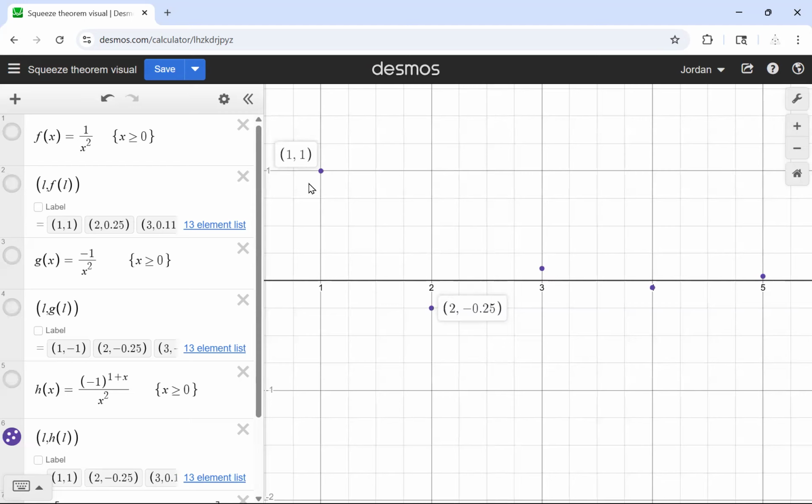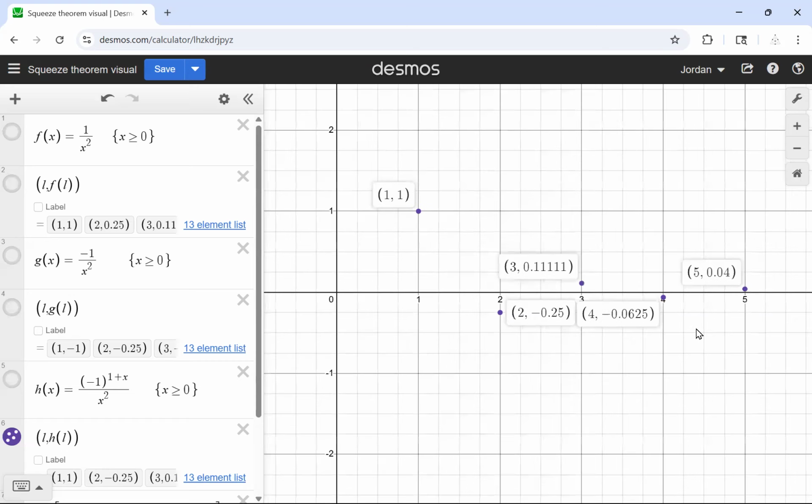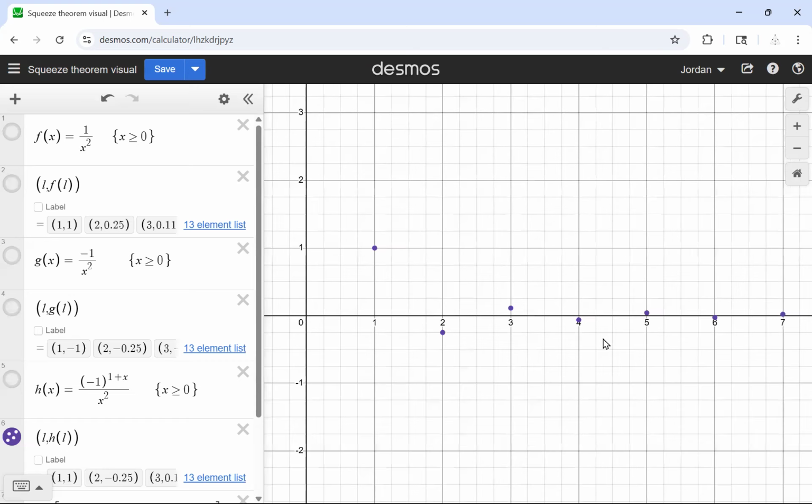So 1 over 1, and then negative 1/4, and then positive 1/9, and then negative 1 over 16, and then a positive 1 over 25, and so on and so forth. And you can see that these bounce back and forth across the x-axis. So these are the points of the sequence that we just looked at, the alternating sequence.